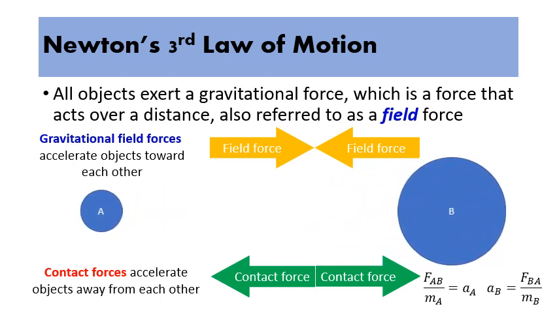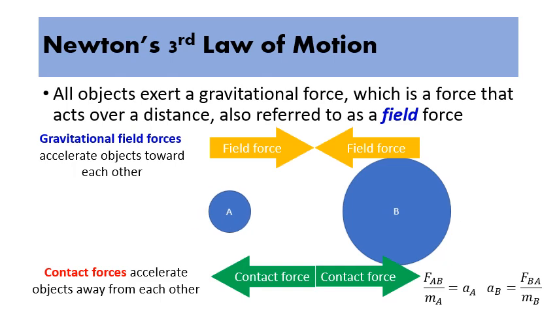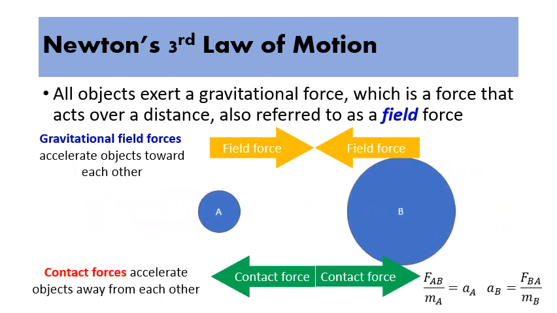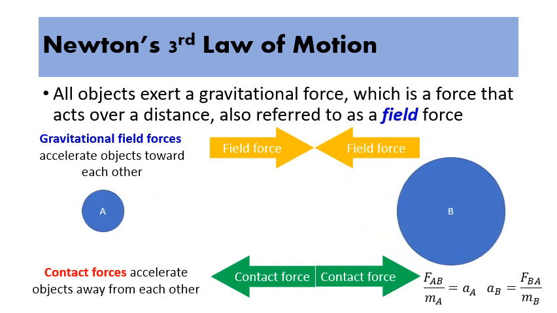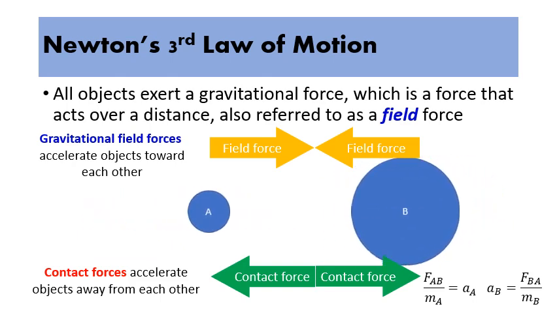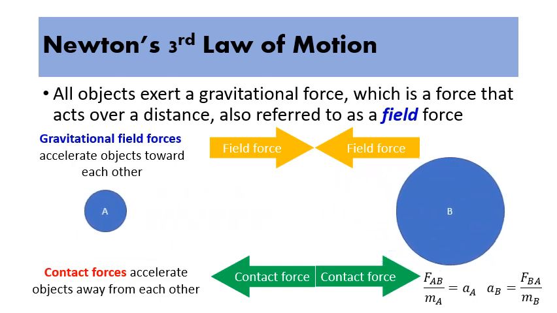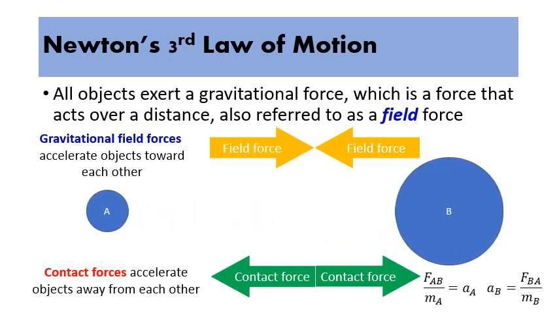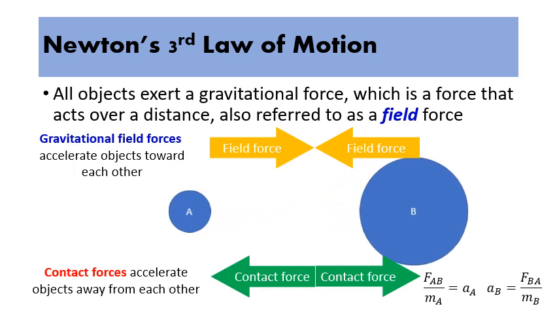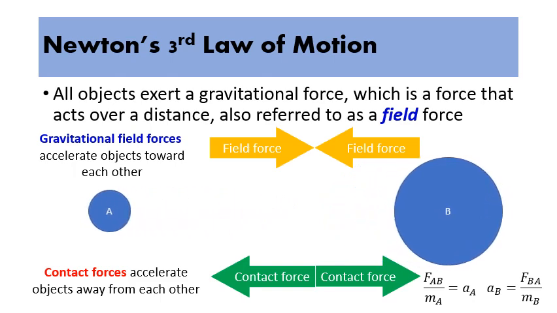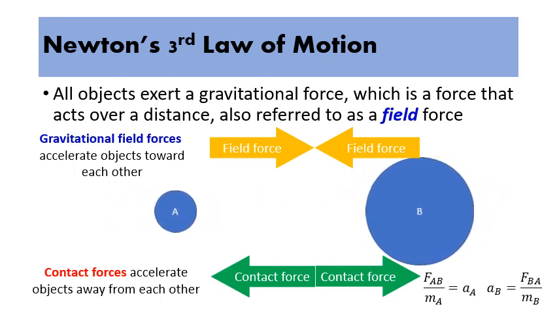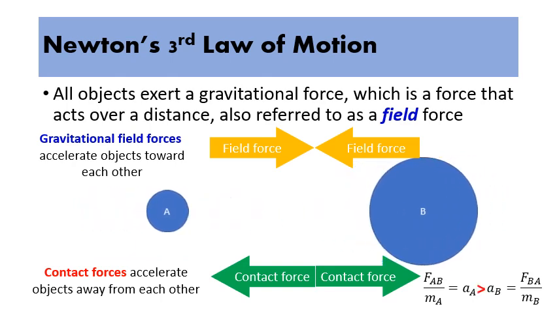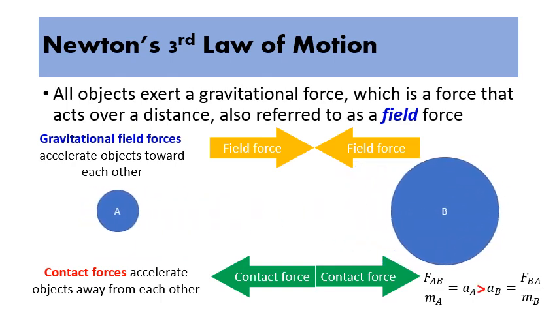So FAB, which is the gravitational force on object A due to object B, will be the same as FBA, which is the gravitational force on object B due to object A. But object B is more massive than object A. So if we divide FAB by object A's smaller mass, object A's acceleration will be much bigger than object B's. This is why the acceleration of the two objects are not the same.